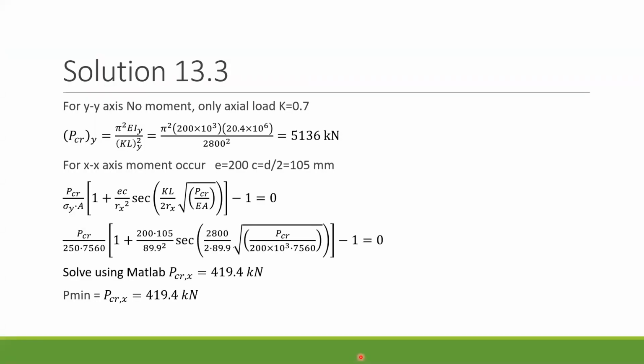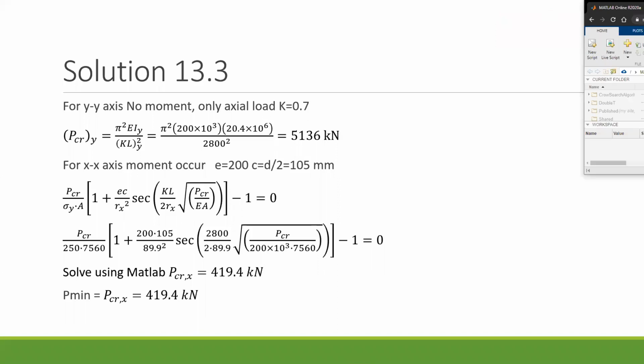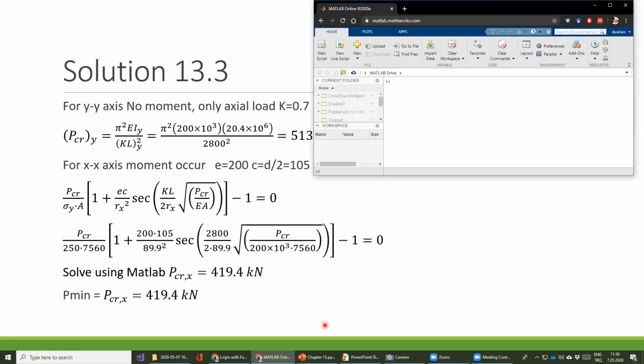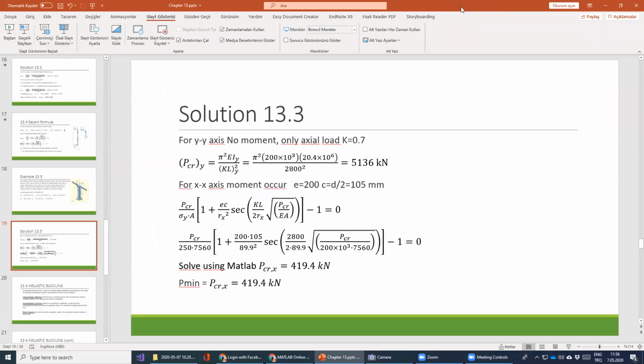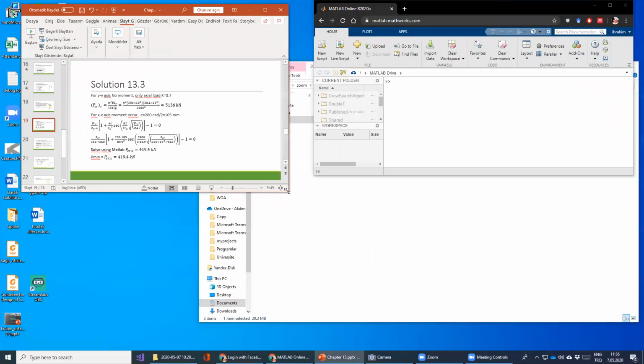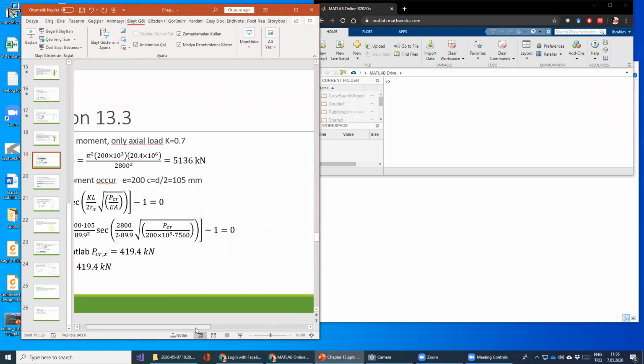I have a little bit of trouble using both the slideshow and MATLAB at the same time. I want to use two windows at the same time. Therefore, I want to increase the size.